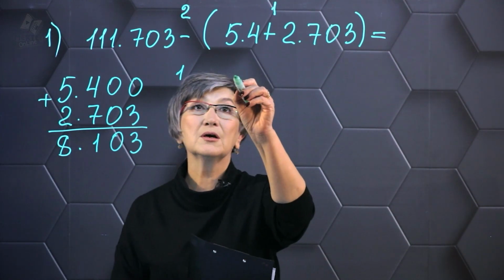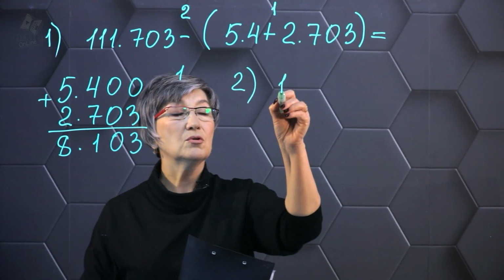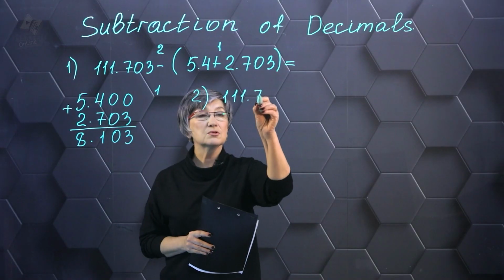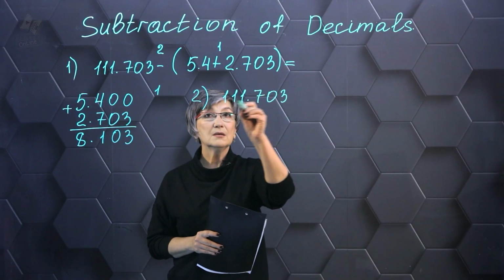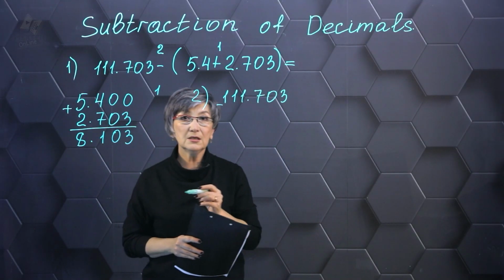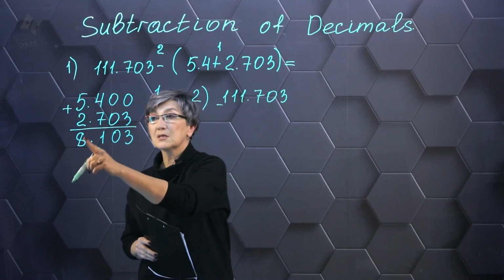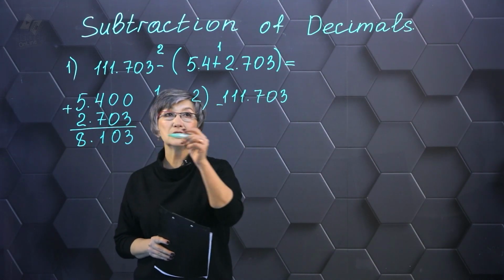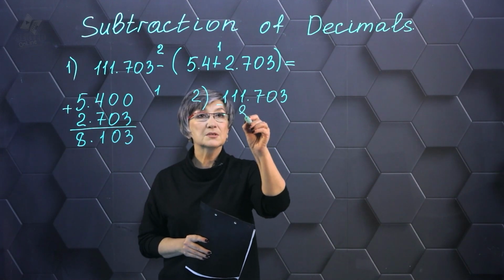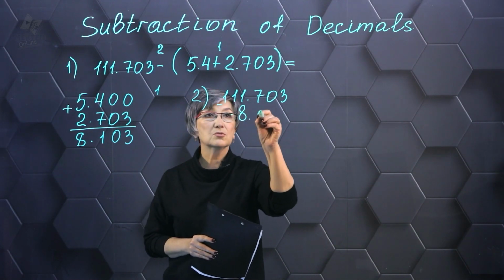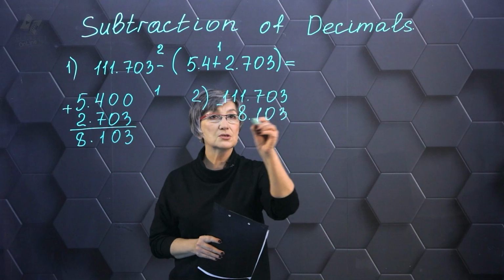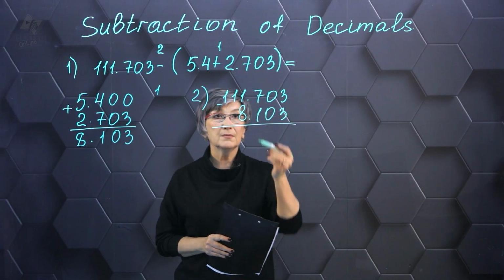Now let's do the second step. 111.703 thousandths minus 8.103 thousandths. Remember that the integer part is written under the whole part. Now we're subtracting.